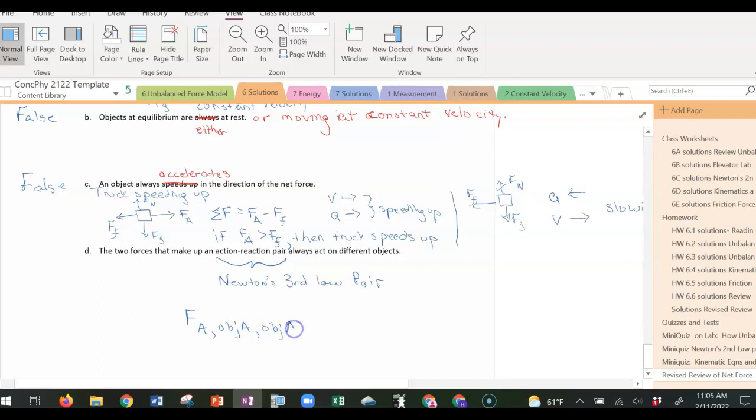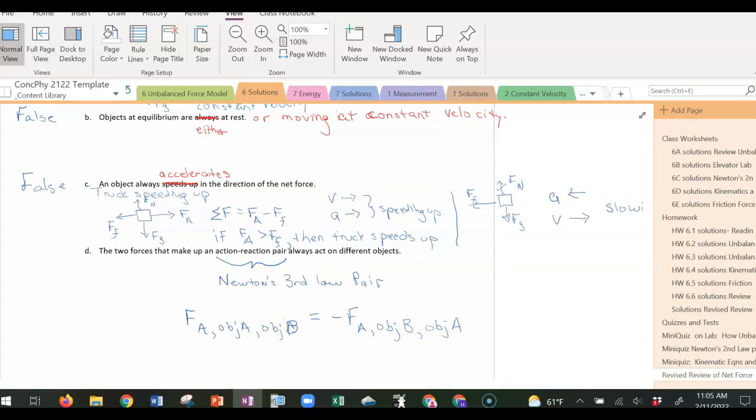If we had object A and object B interacting, the force on object A by object B would be the same amount, but in the opposite direction. That's why I'm going to put that negative sign there, as the applied force on object B by object A. This is an action-reaction pair, or a Newton's third law pair.